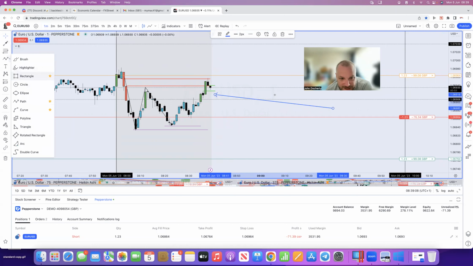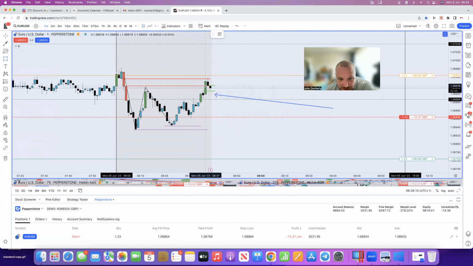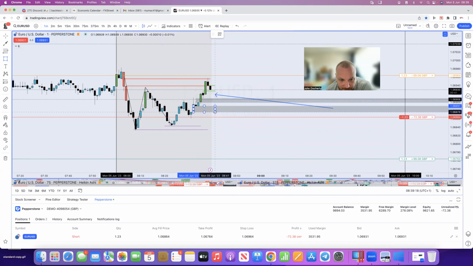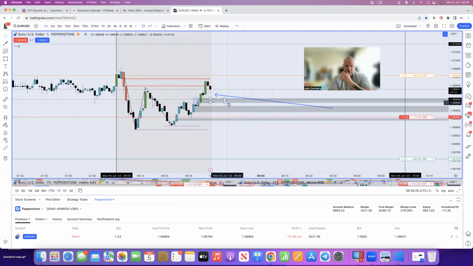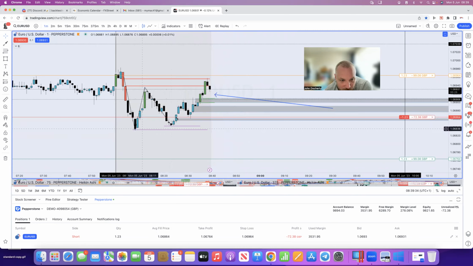If I just try and highlight these areas, you've got your draw on price there, you've got one here, you've got one here, and you've got an ever so small one there. There's plenty of it to target down here, because if it does come in to target these areas, we've then got these swing points here.